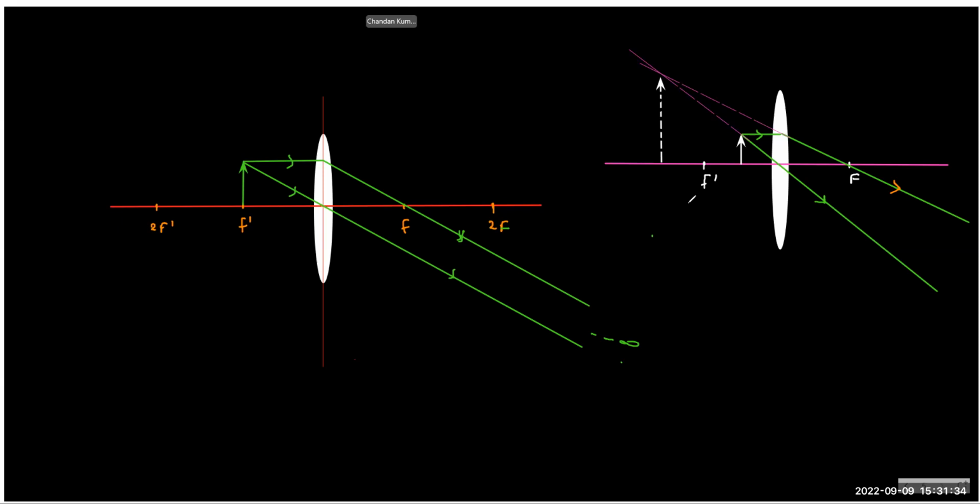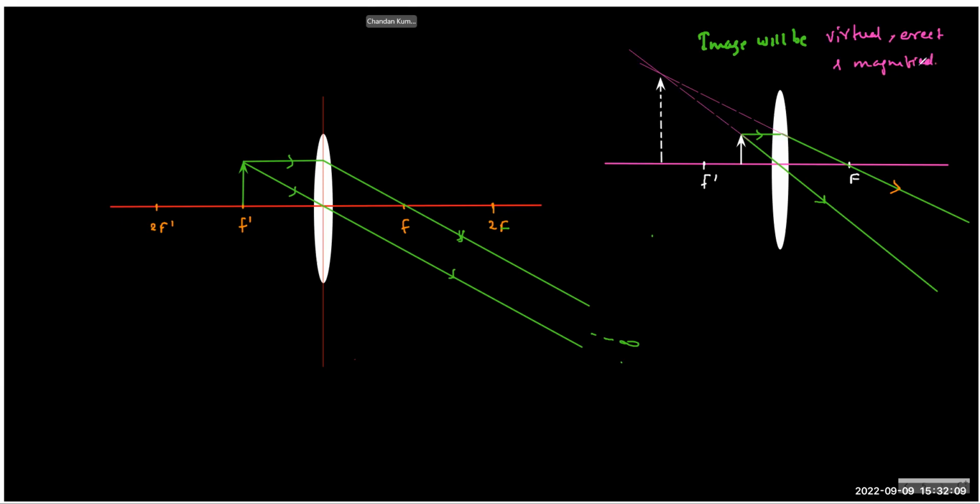So now we can see that the image is virtual and therefore it is erect. That is the logical thing, right? The lines are not crossing each other, so the top is top and the bottom is bottom. Understood? So tell me guys, what can we write? The image will be virtual, erect, and magnified.